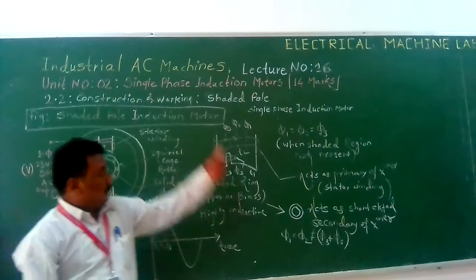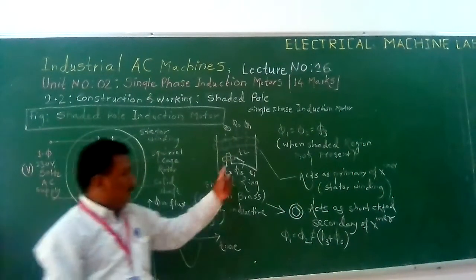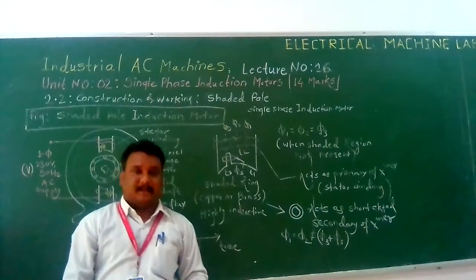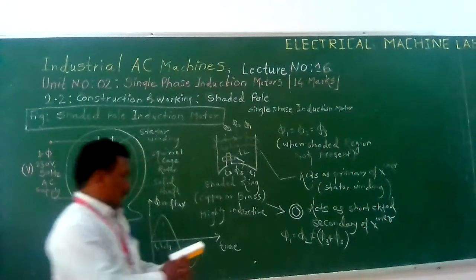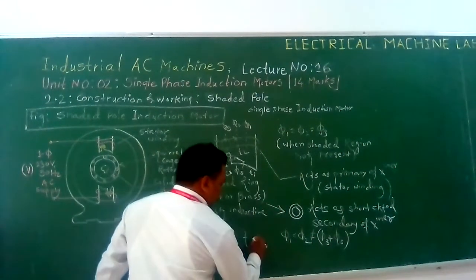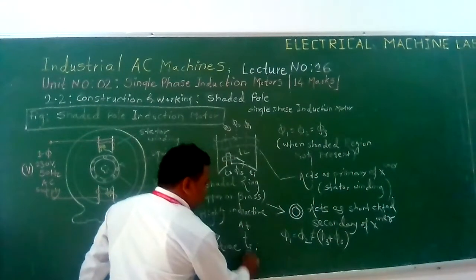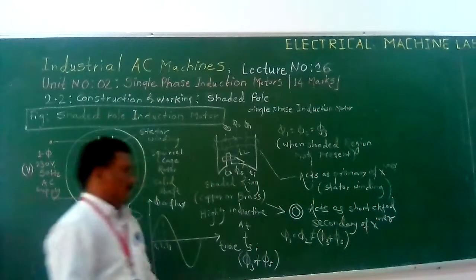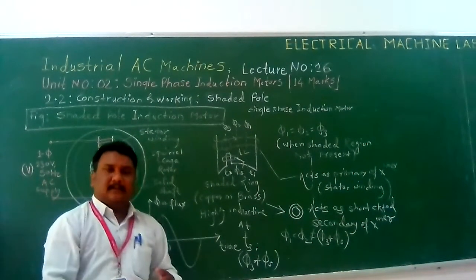So at t3 the shaded ring produces an additional flux, phi s. Now the net flux at t3 will be phi 3 plus phi s, and this is a repetitive cycle.